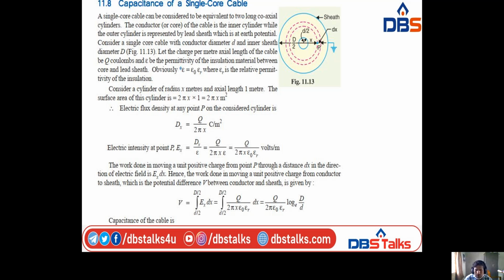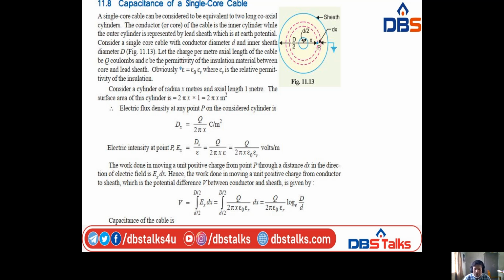So V, the potential difference between the conductor and sheath, is equal to the integral from small d by 2 to capital D by 2 of Ex dx, that is the integral of Q by 2 pi x epsilon naught epsilon r dx. Taking the constant Q by 2 pi epsilon naught epsilon r as common factor, the integral of 1 by x is log x.